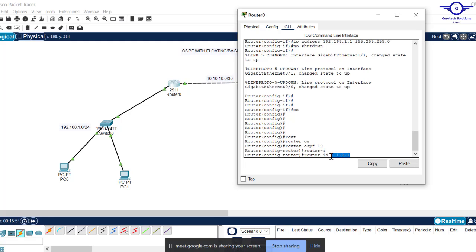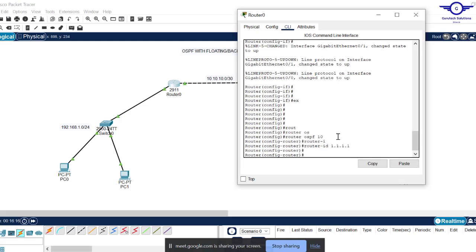But in this case, we normally give them these numbers, let's say 1.1.1.1, 2.2.2.2, 3.3.3.3, but it's not a must. It's not limited to that. You can specify your own, but we normally give them this way to differentiate them from the normal IP addresses that we use. So you can just say this is 1.1.1.1 and hit enter.